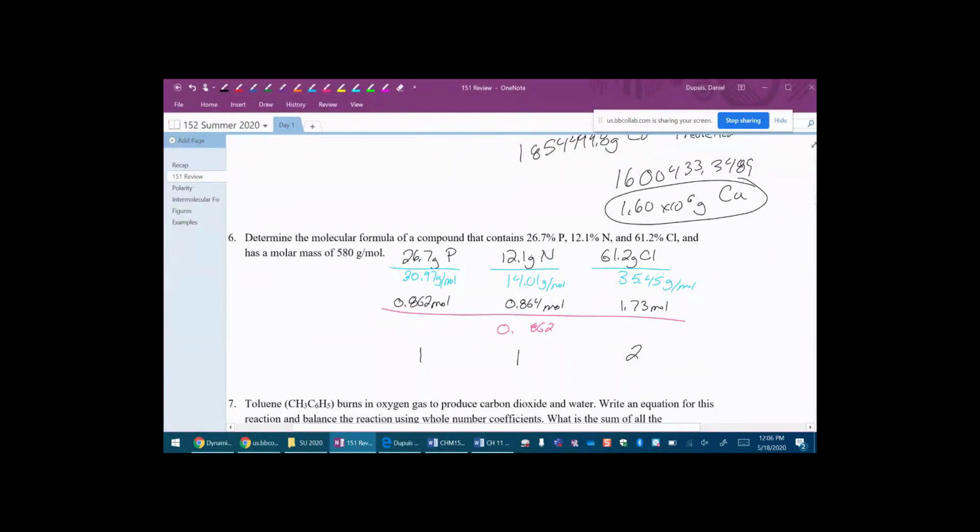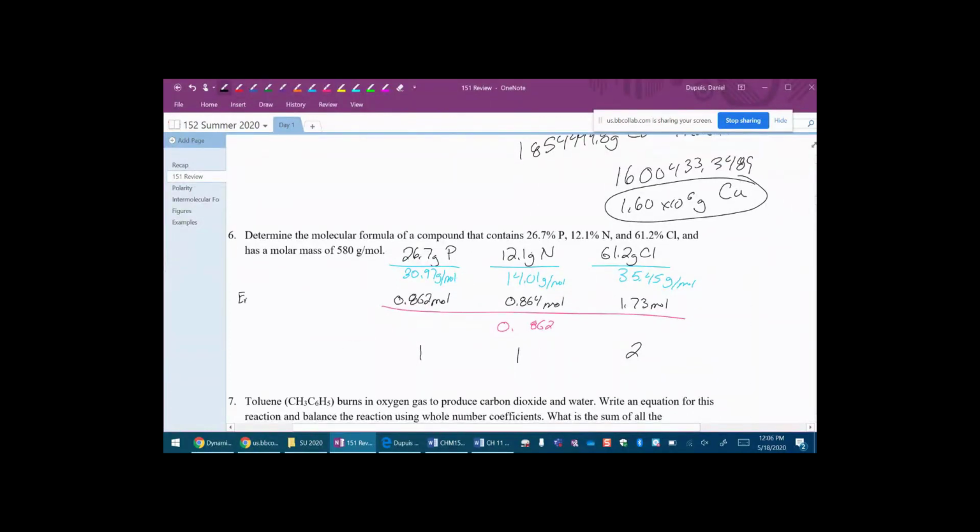So my empirical formula would be PNCl2. And the molar mass of that empirical formula would be 30.97 plus 14.01 plus 35.45 times 2, which is 115.88.